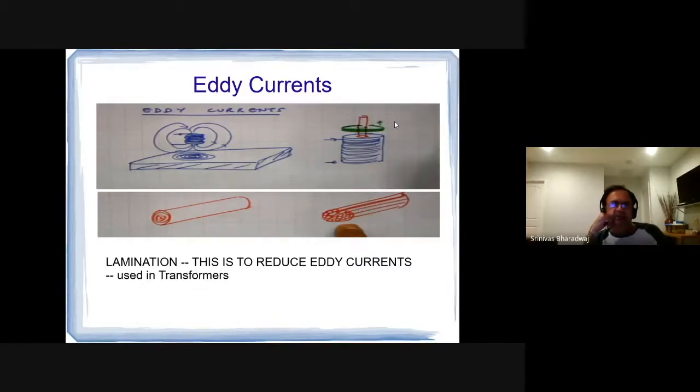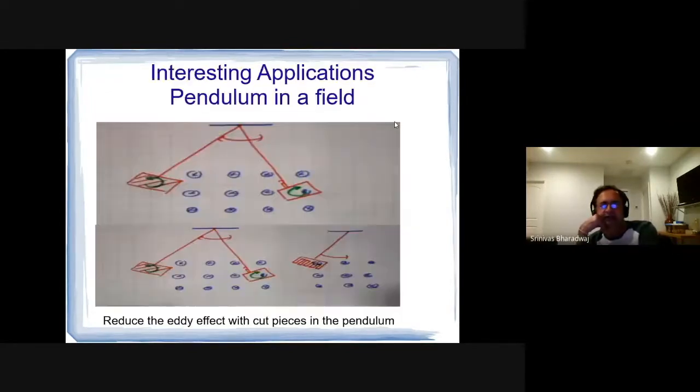They tend to waste the energy of the system. So in things like transformers, they laminate, or layer, the core so that the paths of the eddy currents are reduced. Because the paths are reduced, they don't use up that much energy.